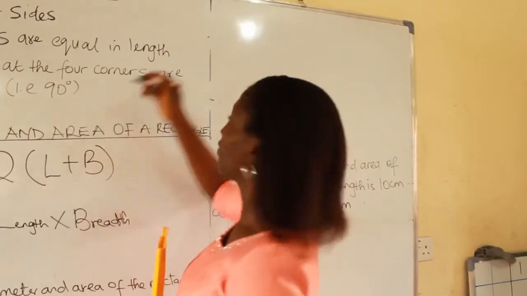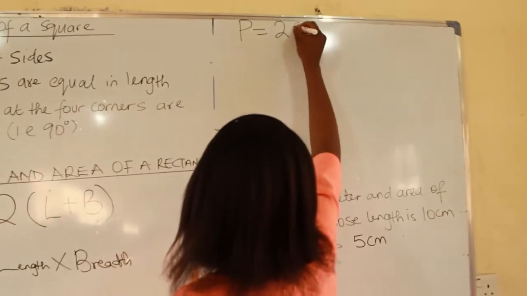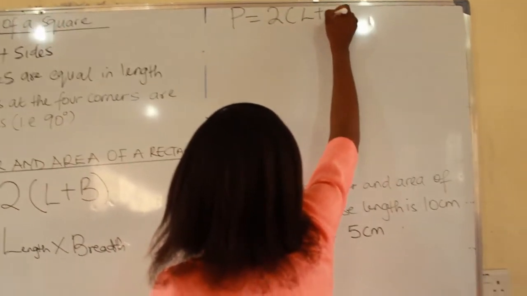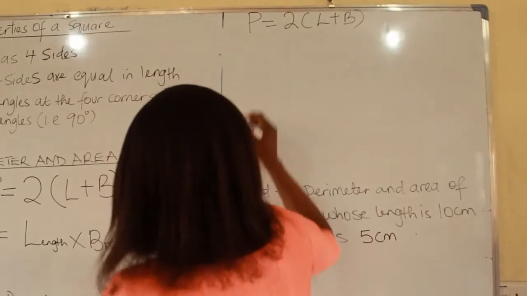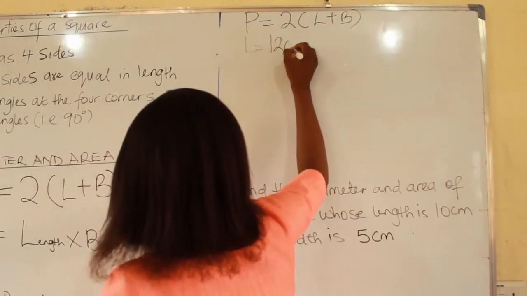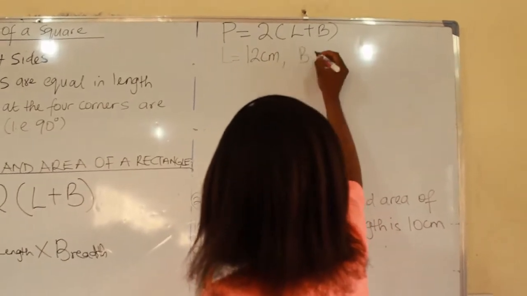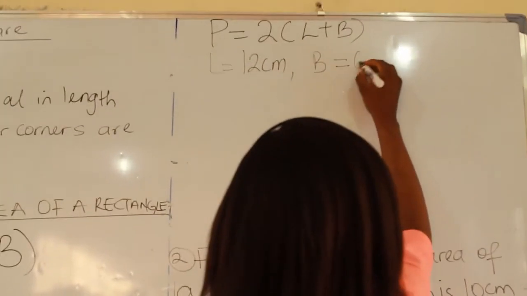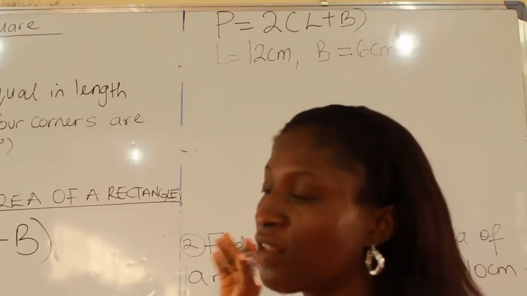From our formula given, perimeter equals 2 brackets L plus breadth. And the question given, our length equals 12 centimeters and our breadth equals 6 centimeters. So you put in your parameters in the formula.